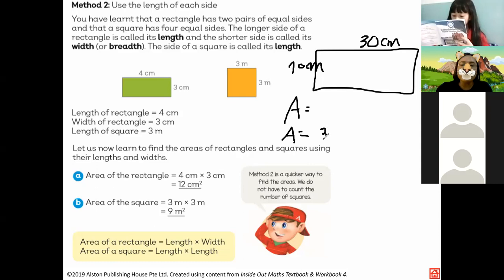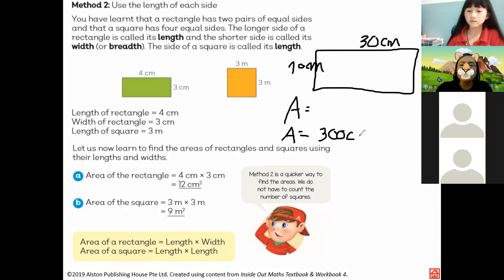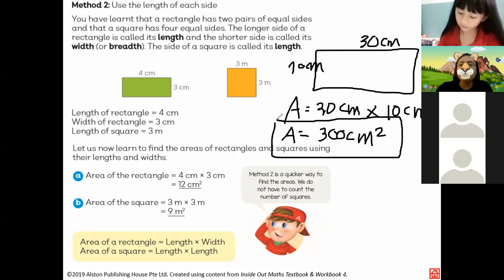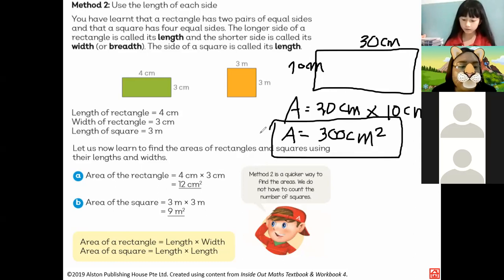Very good. So the area is 300 centimeters squared. That's 30 centimeters multiplied by 10 centimeters. Do you understand this? Yes, I do.